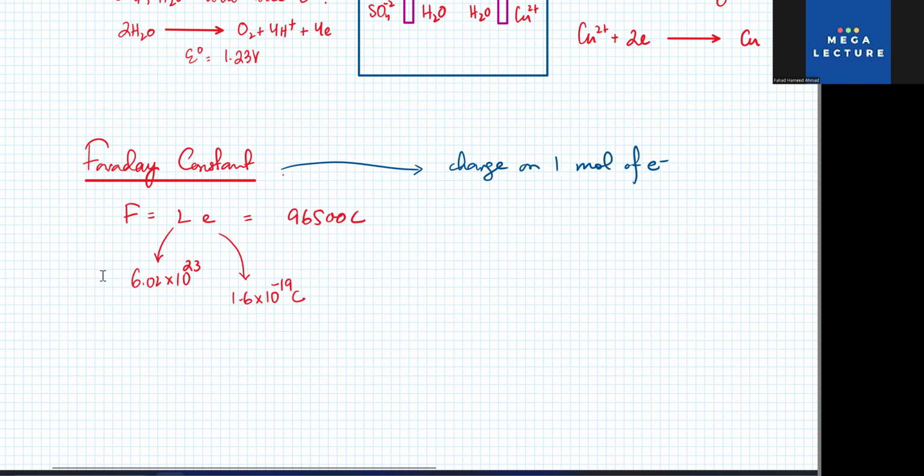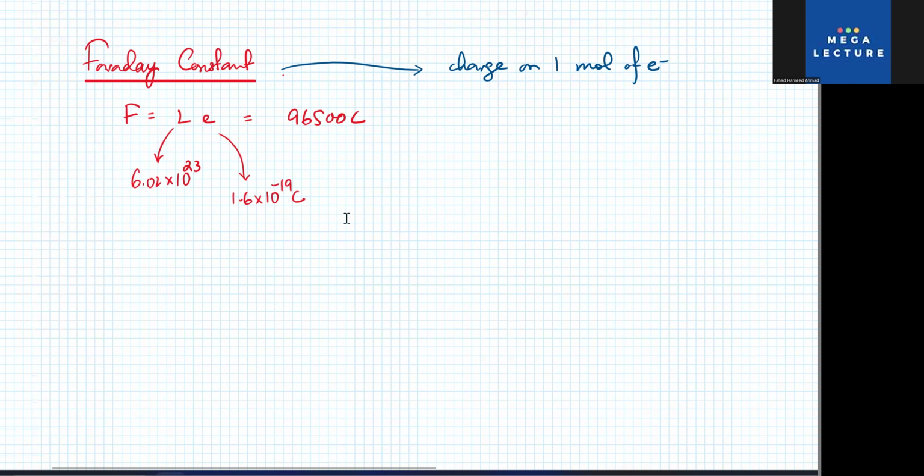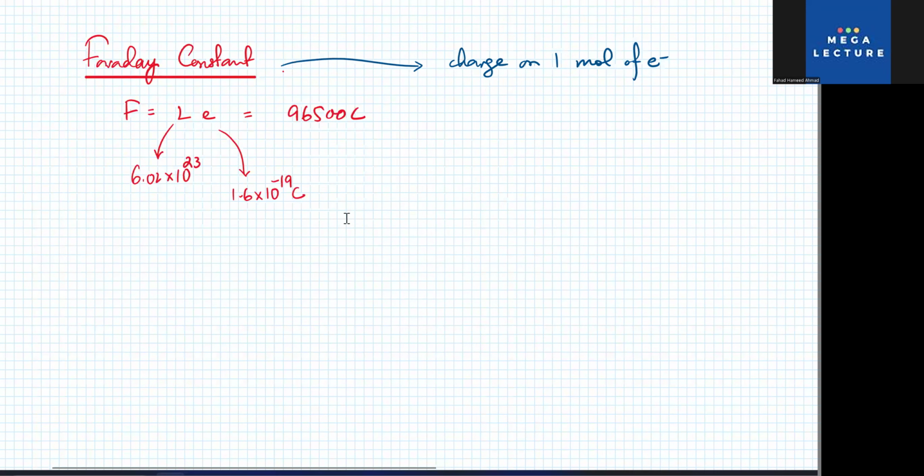So for 1 mole of electrons, you multiply and you get 96,500 coulombs. Is this part clear? Yes, sir. So all you need to know is that if you have 1 mole of electrons, it's going to have a charge of 96,500 coulombs. That's it.